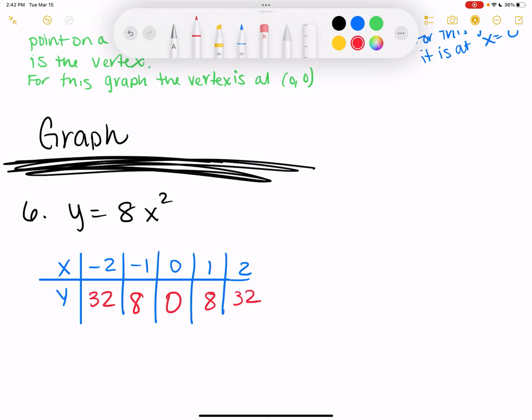And now, these numbers that are really, really big, you don't have to plot, okay?